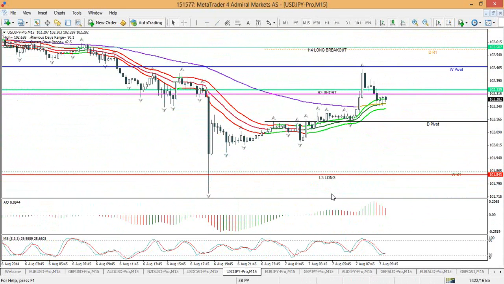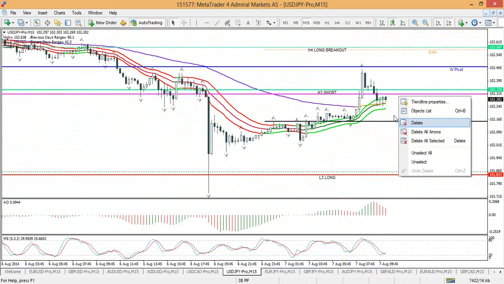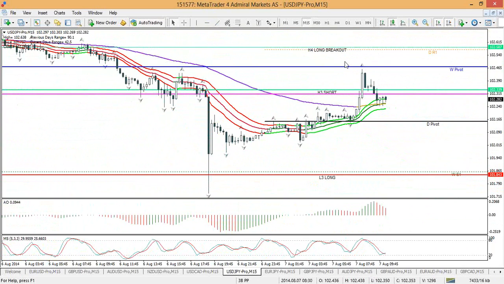Dollar yen may be a pair that could be interesting to keep an eye on. It is at a decision spot. If you look at the moving averages, it's in between the weekly and daily pivot points. So let's see which way it breaks out. This could be an interesting scenario where either price goes below this trend line and below the daily pivot point, or maybe above the weekly and goes through H4 here for some upside momentum up to 103.